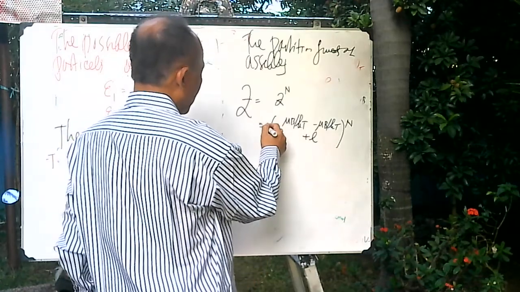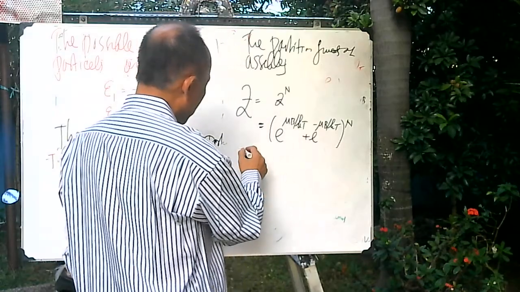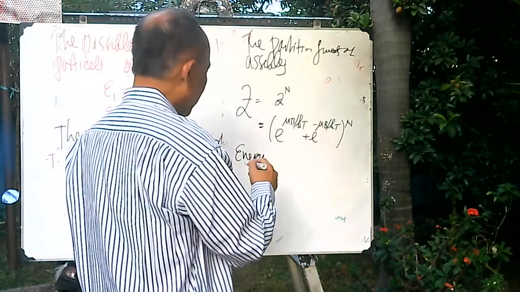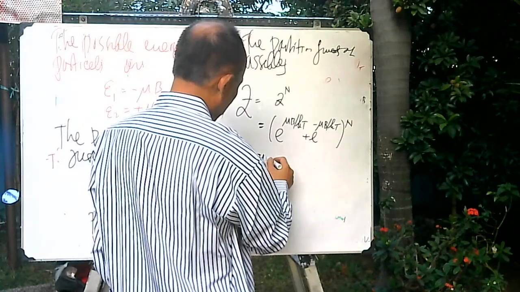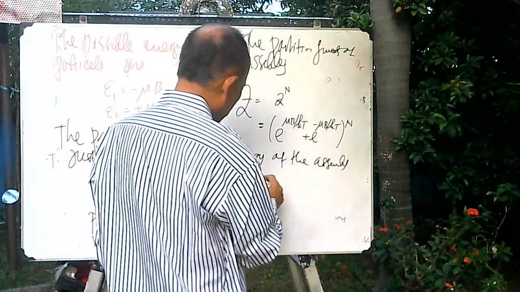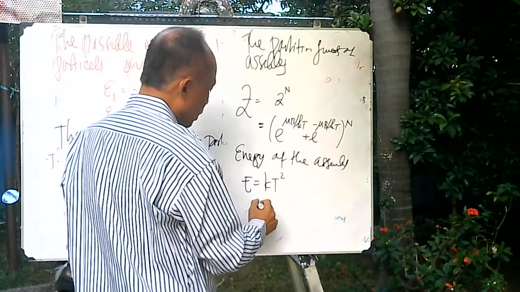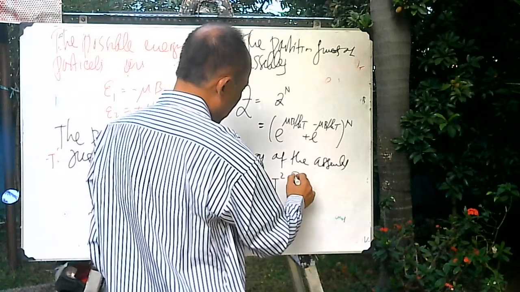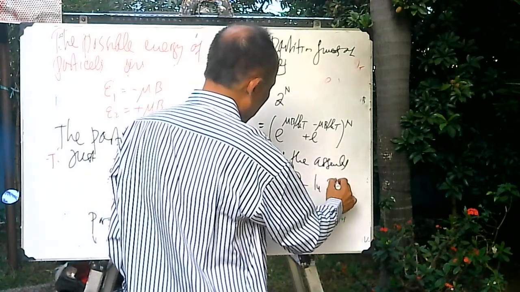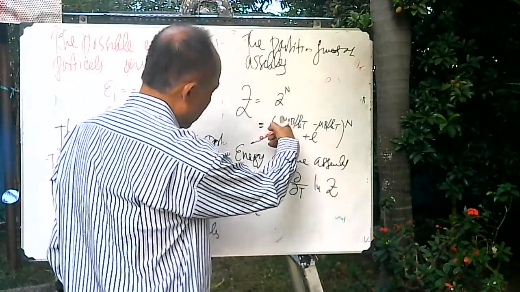Now, from this partition function, we are ready to determine the energy of the assembly from the definition we derived in the last lecture. The energy of the assembly, using the simple equation, is kT squared times the partial derivative with respect to T of the natural logarithm of large Z. Now we can calculate simply.